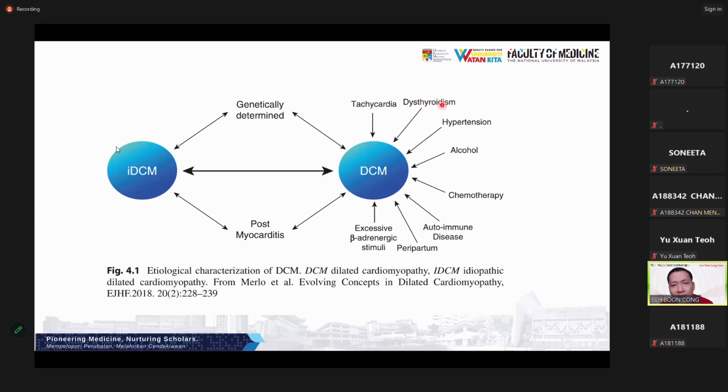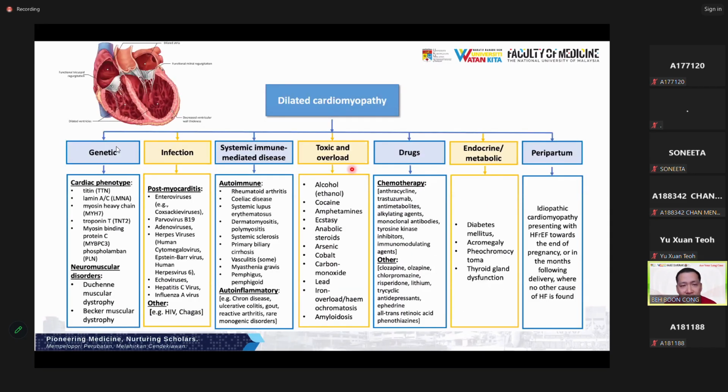There are also many other secondary causes that can contribute to dilated cardiomyopathy, such as chemotherapy, alcohol, hypertension, and tachycardia, like AF or atrial tachycardia. Any form of tachycardia can also contribute to dilated cardiomyopathy. If you classify them, there will be different causes for each of it. It is too extensive and difficult for you to understand all of this.